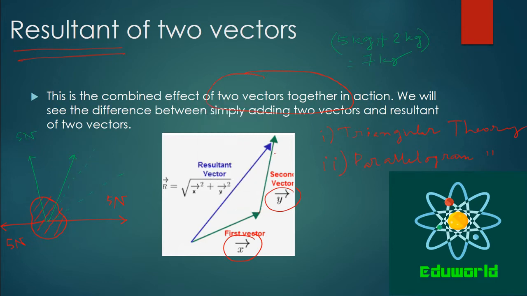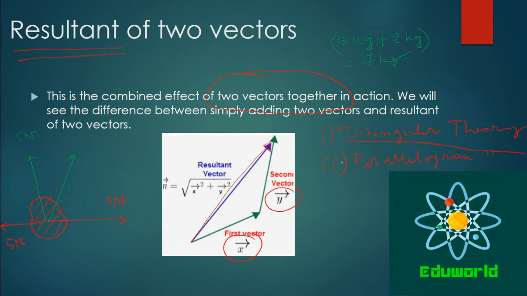Now if we complete the triangle by joining these two points, then the other side of this triangle will simply denote the resultant of these two vectors. So this is the triangular theory. These theories are graphical theories.